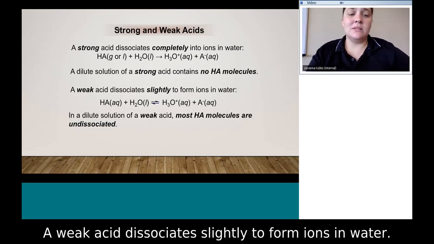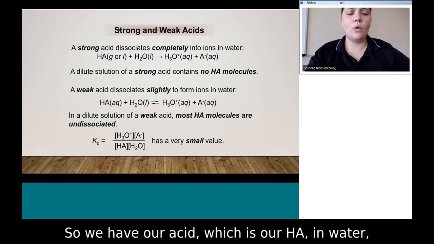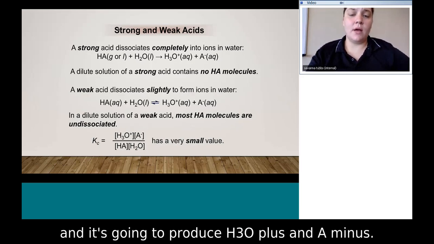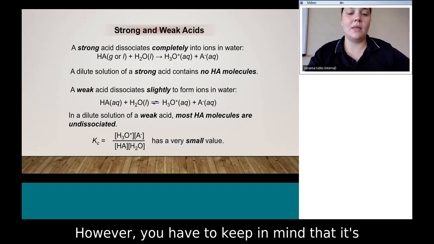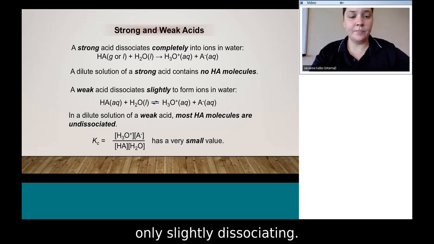A weak acid dissociates slightly to form ions in water. So we have our acid, HA, in water, and it's going to produce H3O+ and A-. We notice that it's the same formula, however, you have to keep in mind that it's only slightly dissociating.